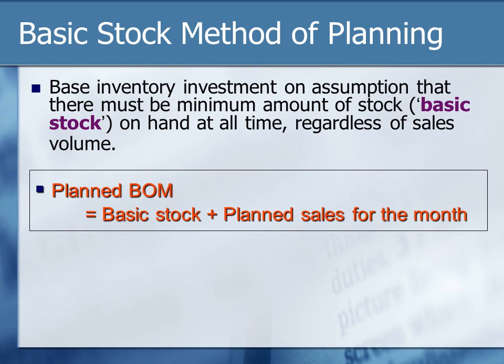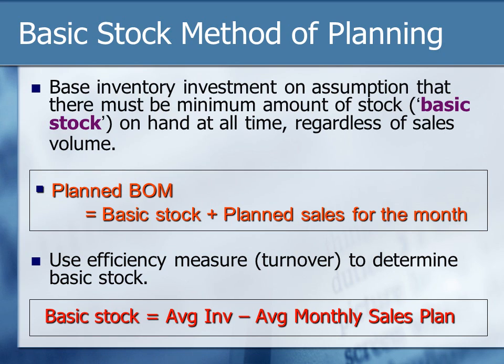If you're doing a 6-month planning for the entire season, you're going to use the same basic stock amount plus the planned sales for each month. That figure is going to indicate the planned BOM for the month. In this way, even if you sell what you plan to sell, you will still have that basic stock left at the end of the month in the store, right?